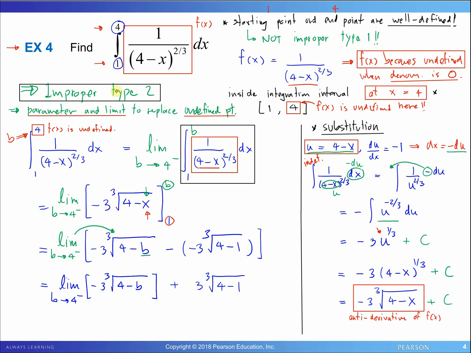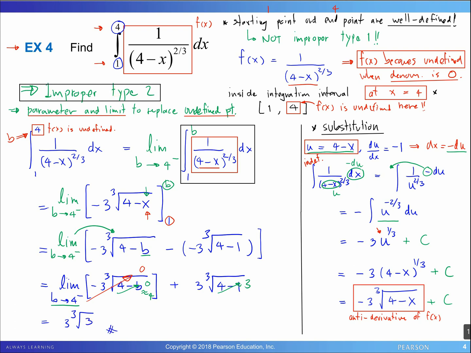This is equal to 3. For the limit, we know that b approaches 4. So b is really close to 4, about the same as 4. So this becomes 0. And the whole term becomes 0 too. And now the final answer is 3 times cube root of 3.